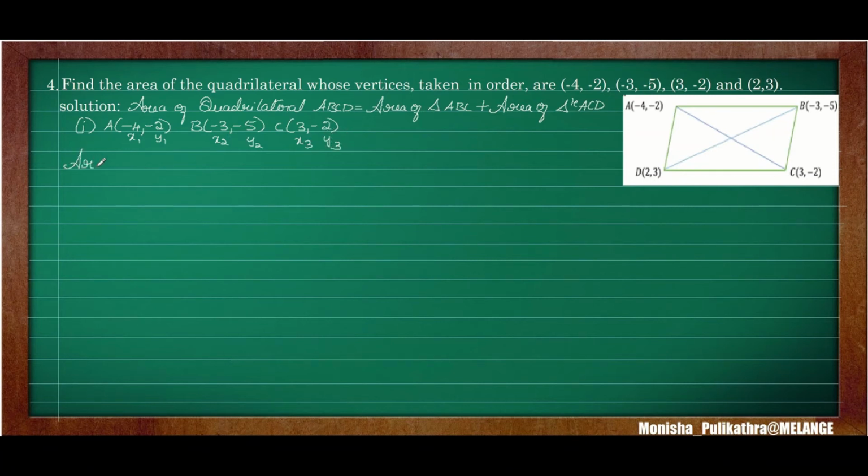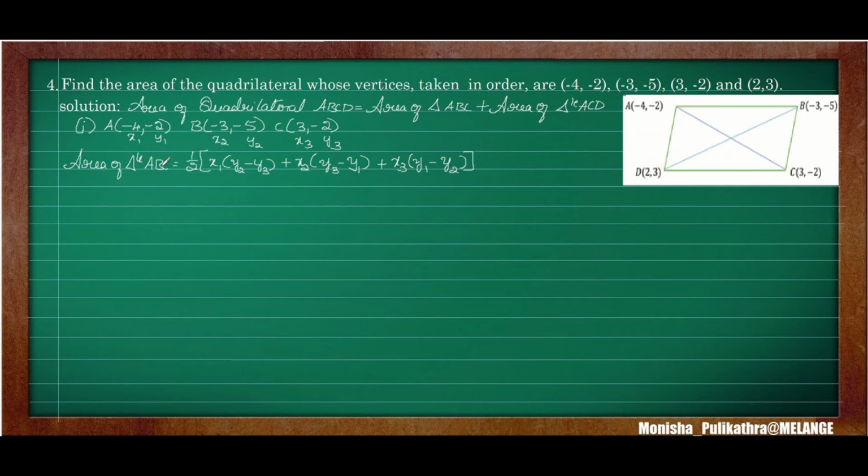The area of triangle ABC is equal to half into x1 into (y2 minus y3) plus x2 into (y3 minus y1) plus x3 into (y1 minus y2).